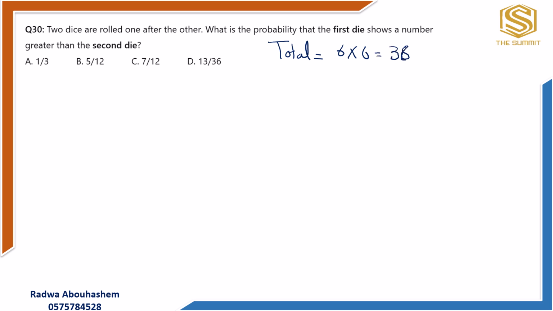Now, I need to see how many times I could get the first die showing a number greater than the second die.